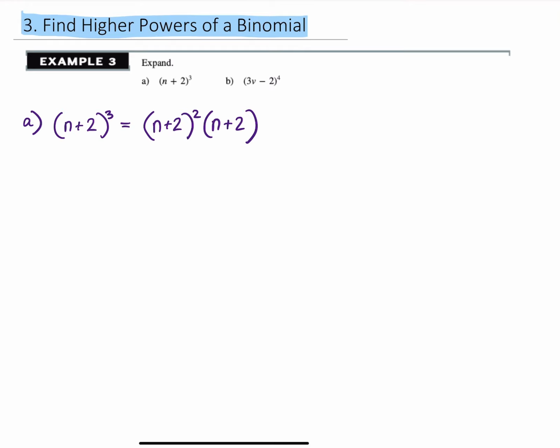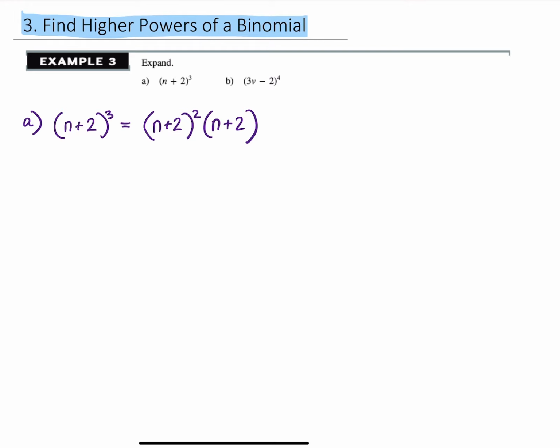Really, we have three of these, n plus 2 times n plus 2 times n plus 2. So we can pair two of those together as a squared binomial and apply our previous rule. So let's multiply this first piece out, and then we'll multiply the result with what's left over.